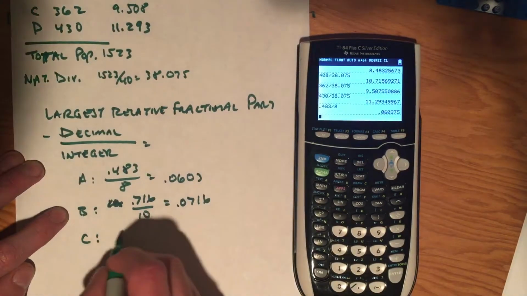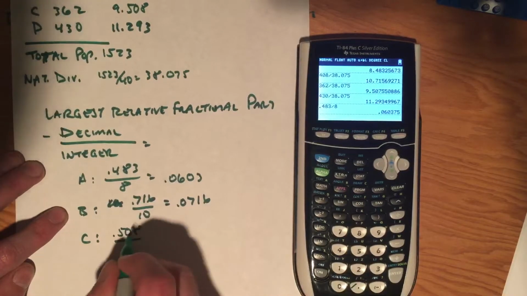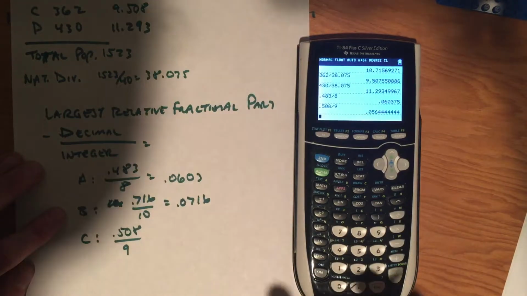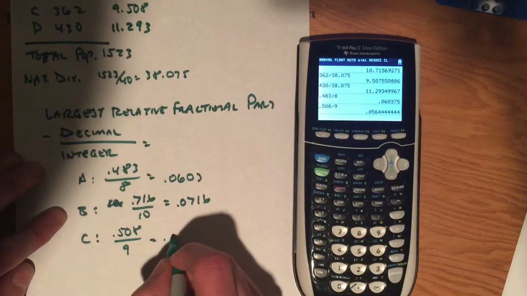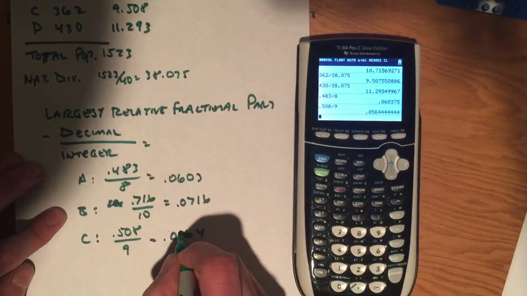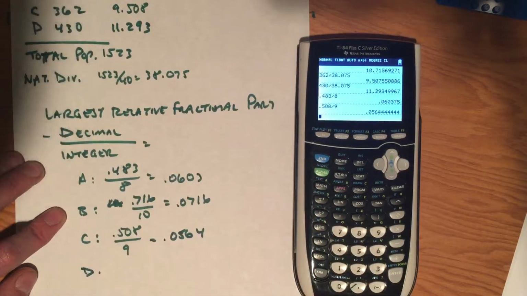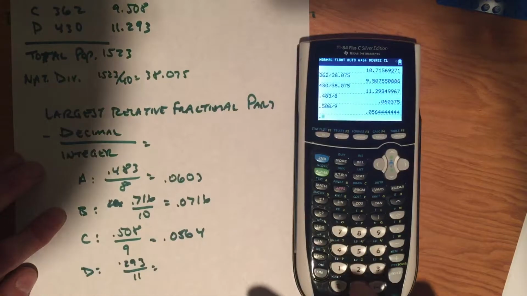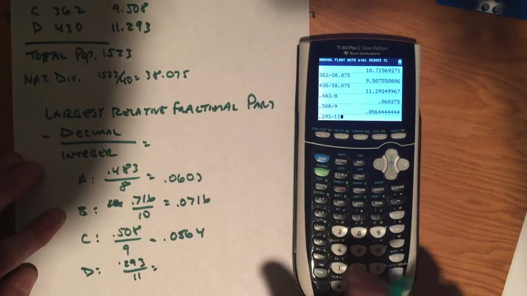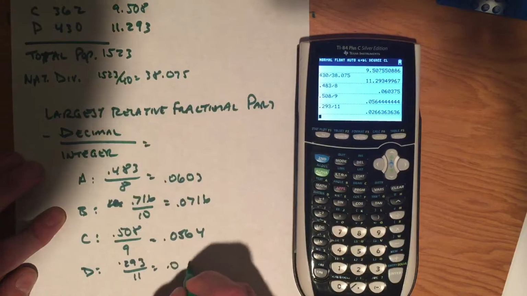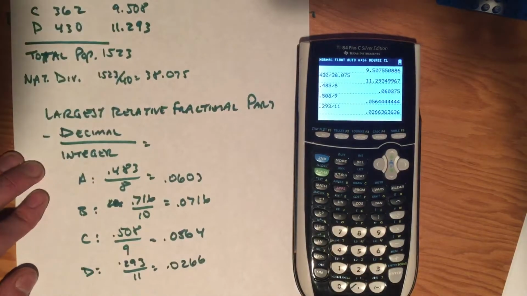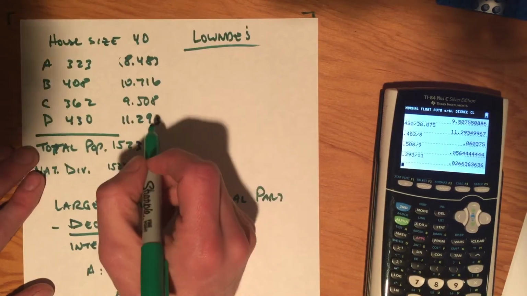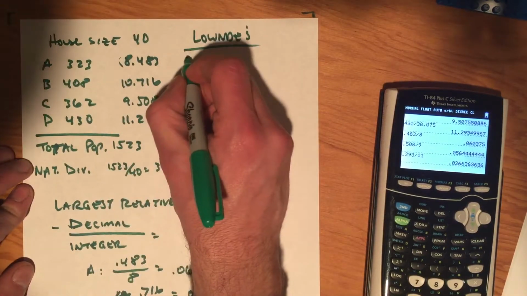State C, 0.508 divided by 9, we have 0.0564. State D, we have 0.293 divided by 11, we have 0.0266.